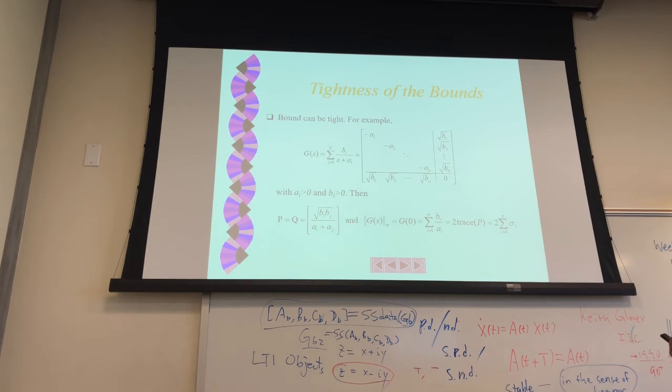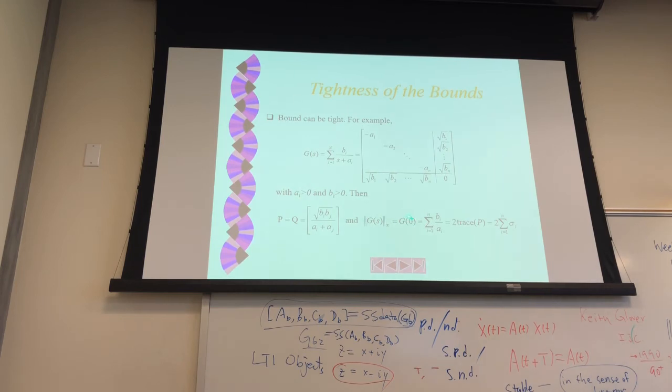Amazing, right? So this is verified. So remember, G0 is called the DC gain, direct current, when omega is 0.